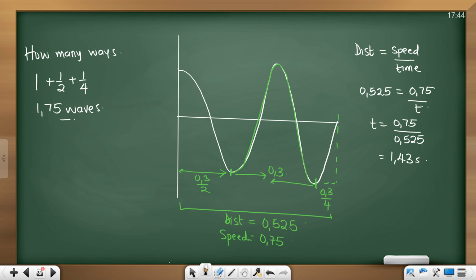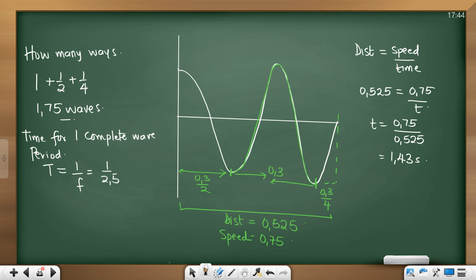How long will it take one wave to travel, which is the frequency? Time for one complete wave. That is known as the period. And what do we know? T equals to 1 over F, 1 over 2,5. This is how long it will take one wave.